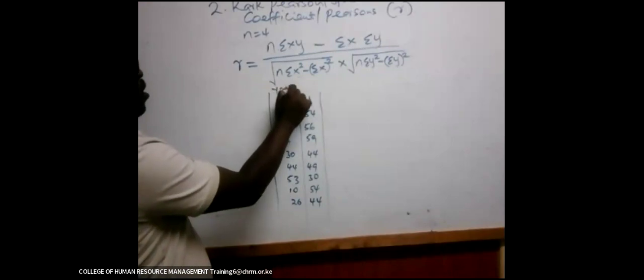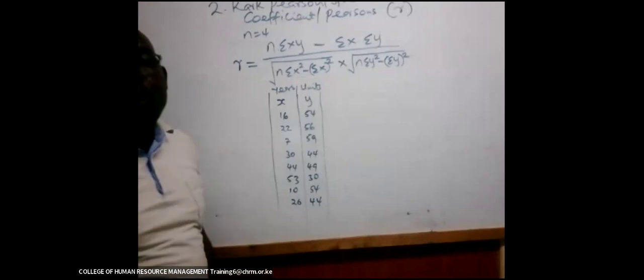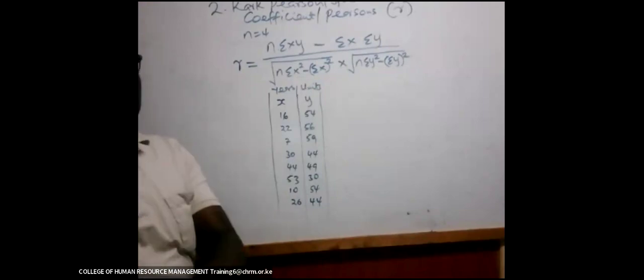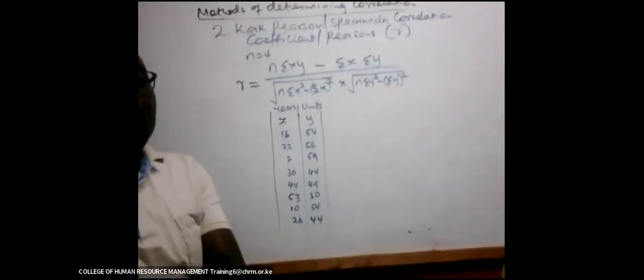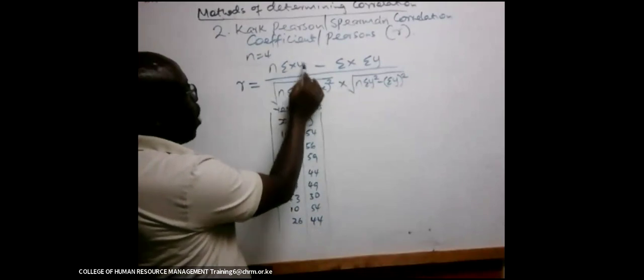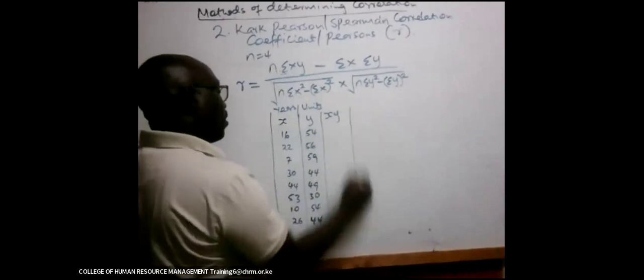So the years of experience will be my X. These are the units, which will be my Y. To calculate this correlation coefficient, your work is very simple. You need XY so that you can sum them, so have a column for XY.